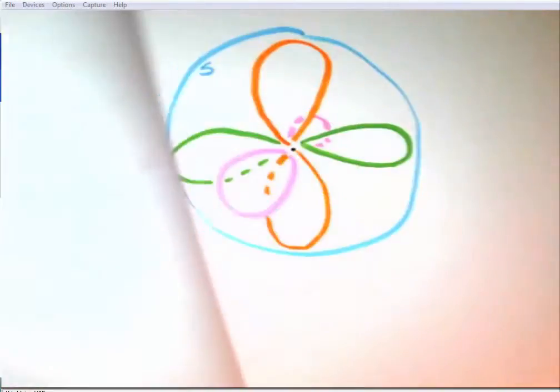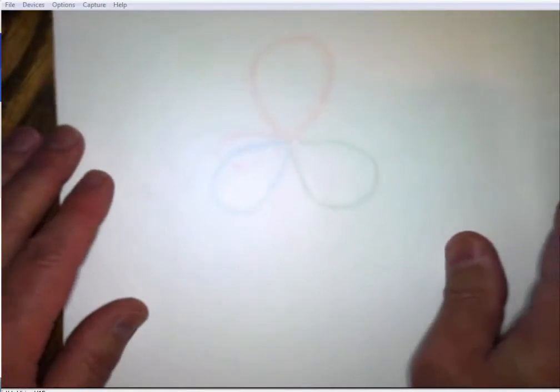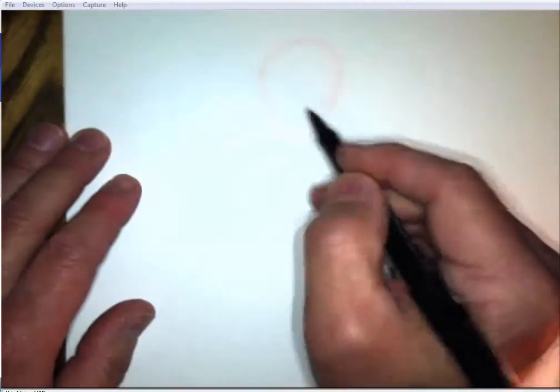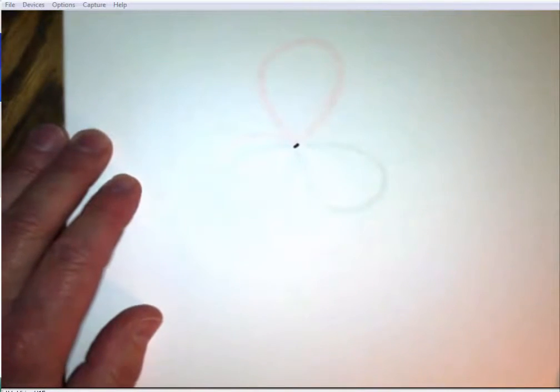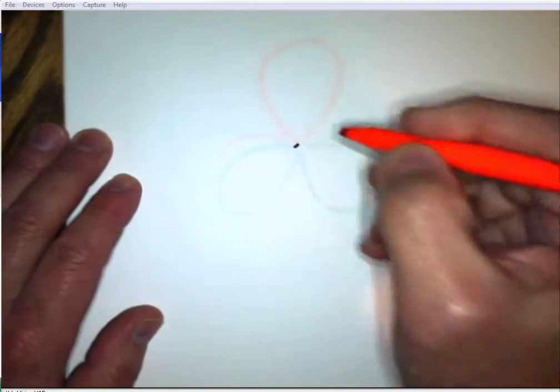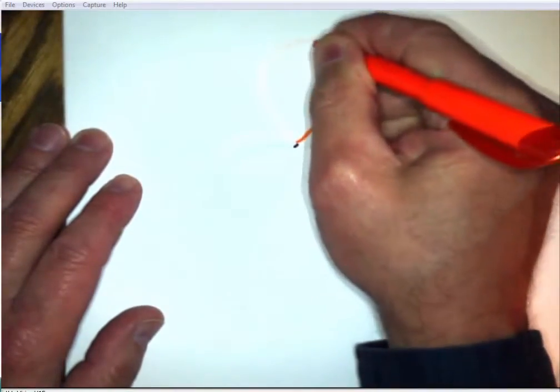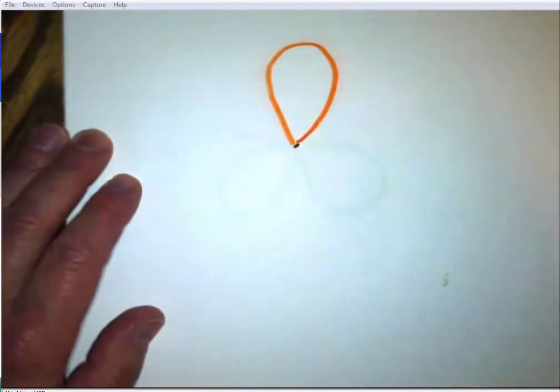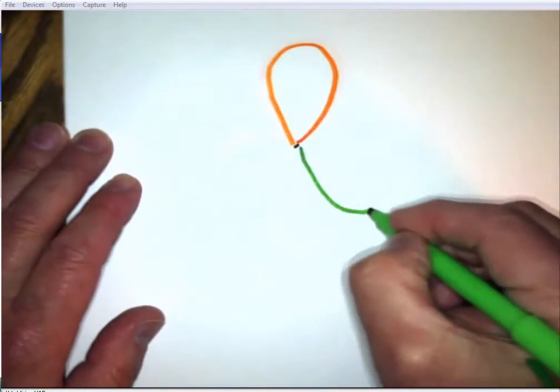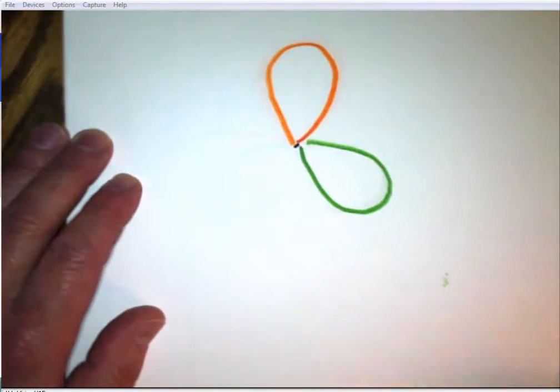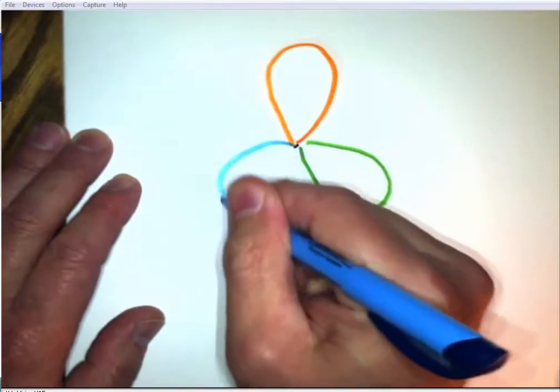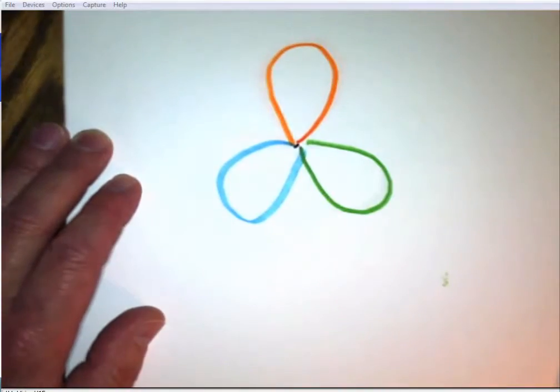All right, now let's see what happens when we bond. So here's the nucleus again, and I'm going to draw out these orbitals again. Here's that orbital, here's this orbital, here's this one coming out toward you, and then the one that's going back behind here.